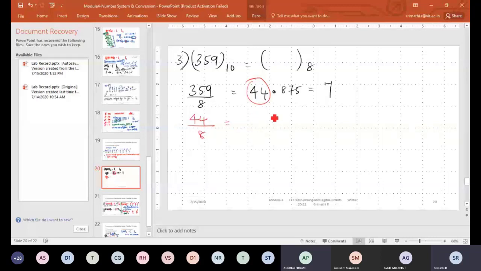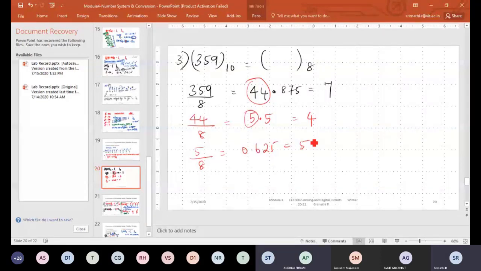Quotient 5, remainder is 4. Take this 5. 5 divided by 8 is 0.625. Your remainder is 5 only because we cannot divide more than this, right?